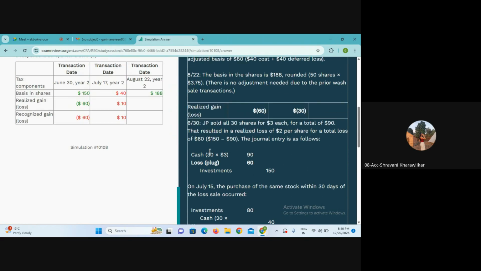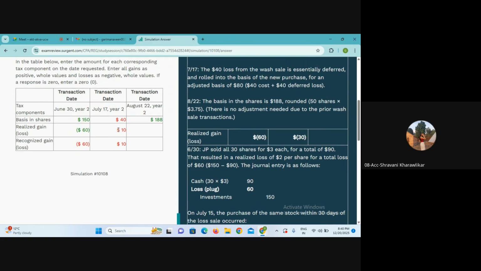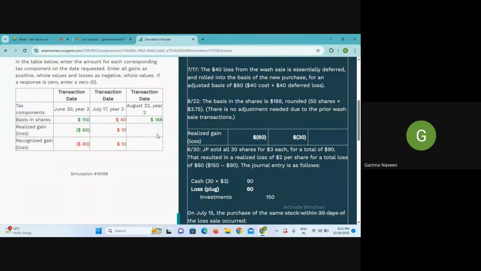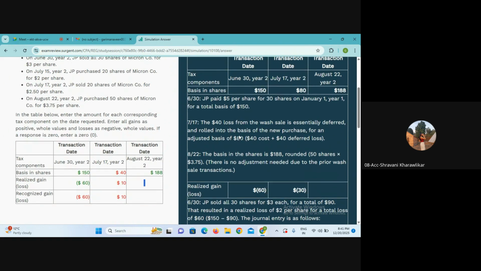And did we not actually put zero? That is why we got wrong for the last two columns also. For which? The last ones, the one after 188, we were supposed to put zero, right? No, there is no value we have to put here. No, it was written if a response is zero, enter a zero.